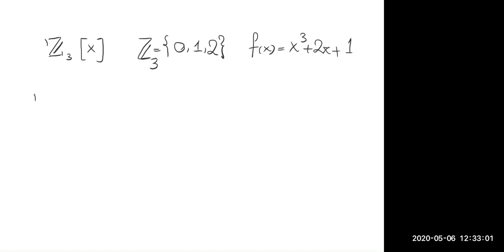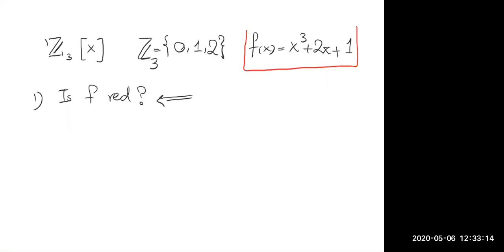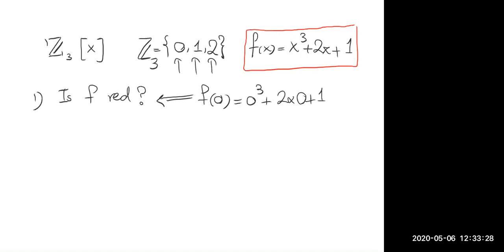So first question, is f reducible? Again, in order to answer this question, I want to understand if this polynomial is reducible or not. I should try to plug in all these numbers into f and see if I would get any 0 or not. F of 0 is equal to 0 cubed plus 2 times 0 plus 1, which is 1.